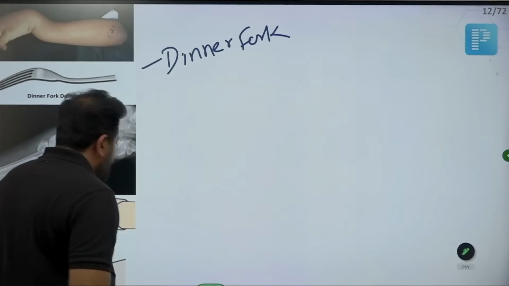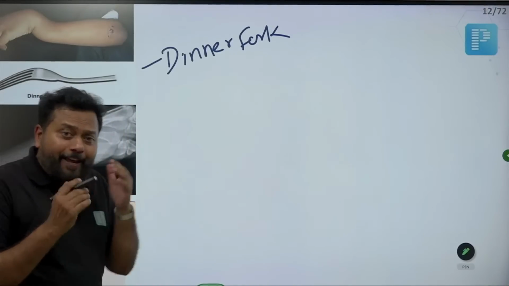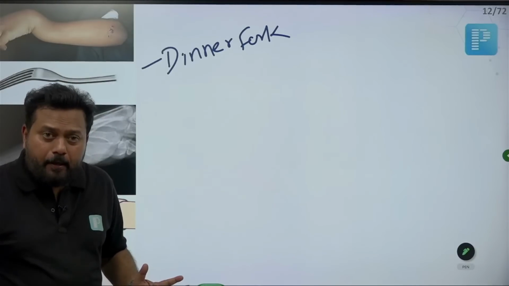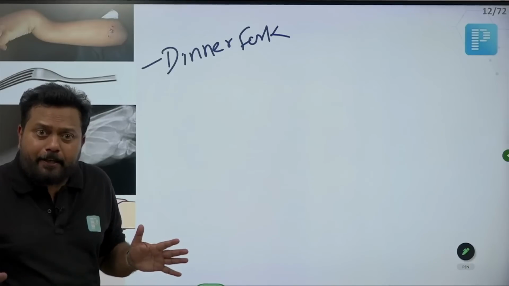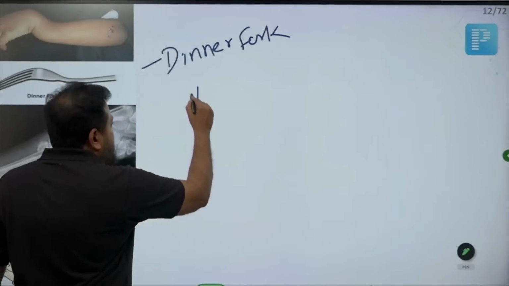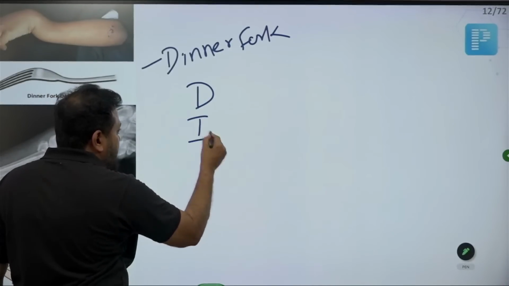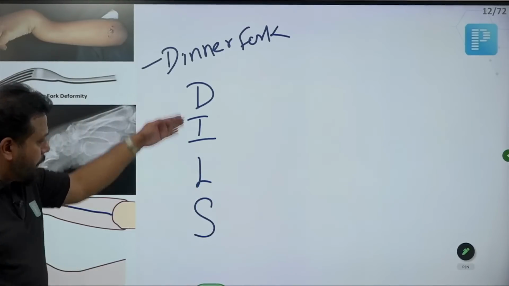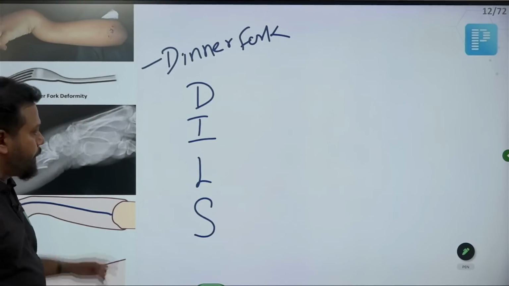You see here, before applying Colles cast, you should know the classical displacements, the 6 displacements of Colles fracture, and you can remember them with this mnemonic, DILS.